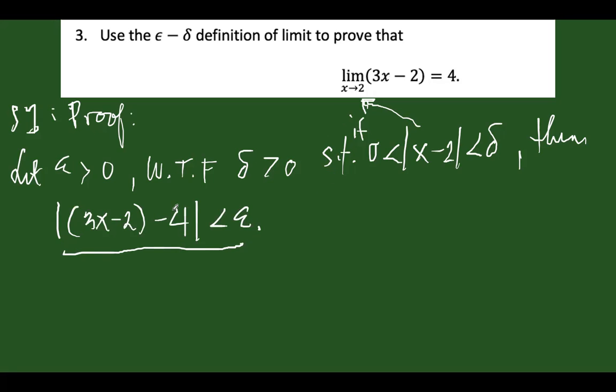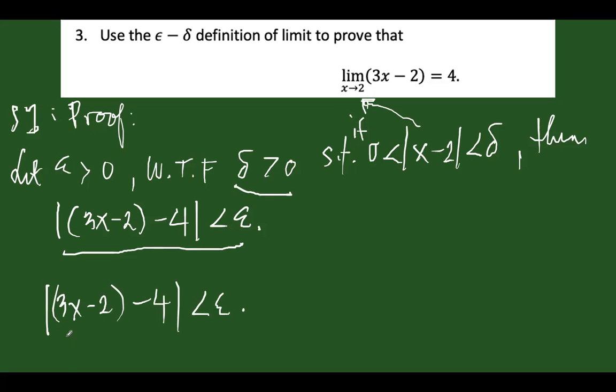Which means that we can manipulate this inequality to express it in the form of the absolute value of x minus 2 less than delta, for us to find the value of delta. So now I'm going to copy: the absolute value of 3x minus 2 minus 4 is less than epsilon.